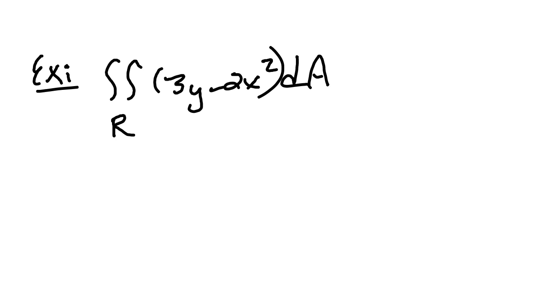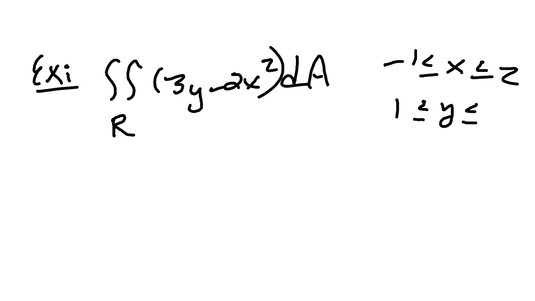We're going to end up finding the exact area of this soon, but I just want to show this. They specify that negative 1 is less than or equal to x, which is less than or equal to 2, and y is bounded by 1 and 3.